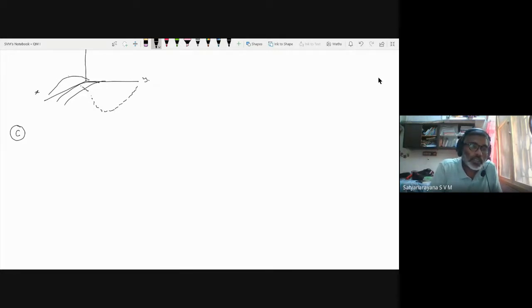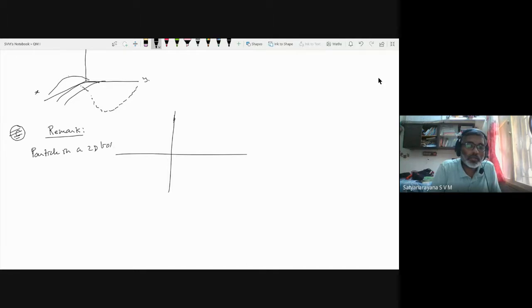For example, maybe I just make one remark here. This is also related to, suppose I have the XY plane. This remark is with respect to a particle in a 2D box. Now let's say I have a square box, or a rectangular box. We have solved that problem, and we know there are exact energy eigenvalues.